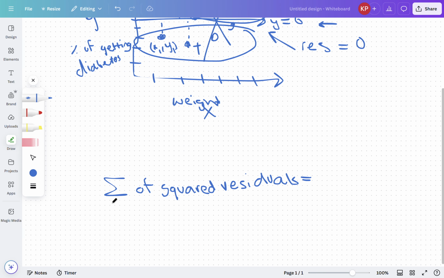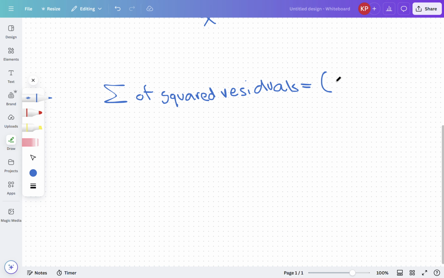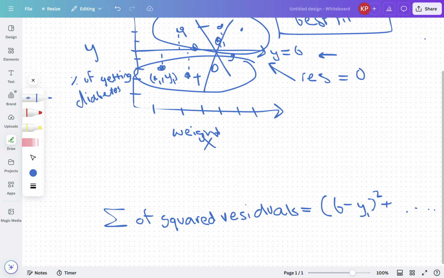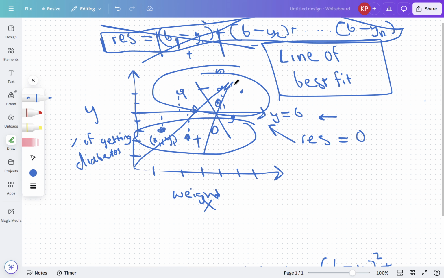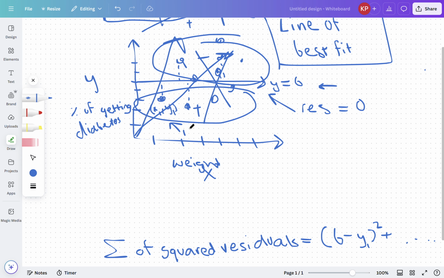So they decided to stick to the sum of squared residuals. It's basically this equation, b minus y1, but we square it, and then you do that with every other point until you reach the nth term. Once you find this, you tweak the line as much as you can and map out each of the residuals. So this would be like 10, and this would be like 14, let's say.